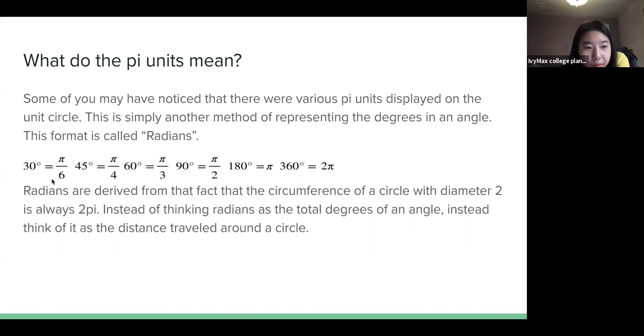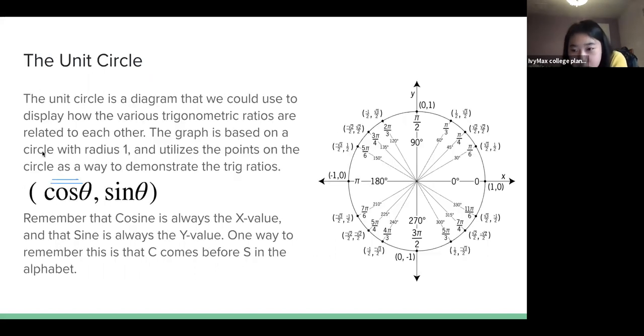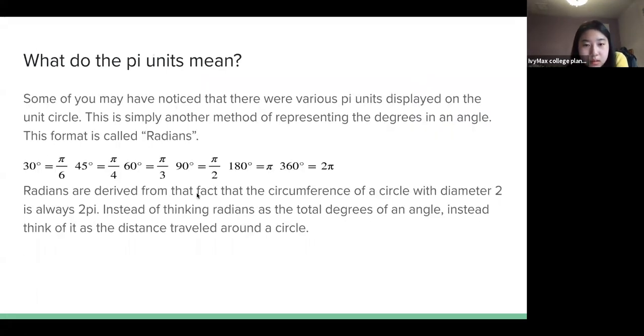If you have pi over 6, go back to the unit circle: pi over 6 right here is equal to 30 degrees. You can always find those pi values on the unit circle matched up with degrees. So it's really easy that way.